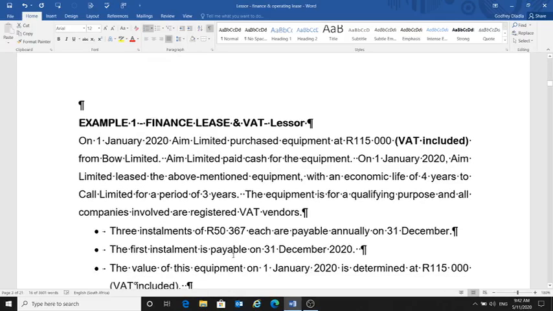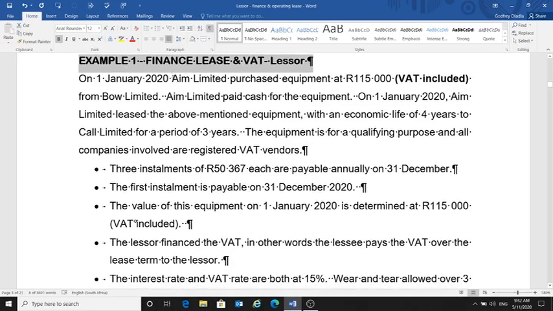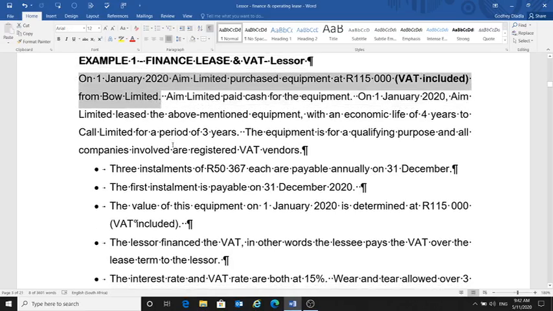Then we go to this example here, example one. Example one, finance lease and VAT, it's a lessor, right? So what happened here? AIM Limited on the first bought an asset from Bo Limited for 115. Now 115 including VAT.